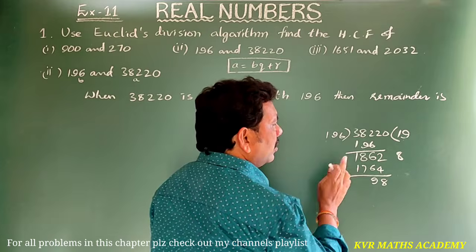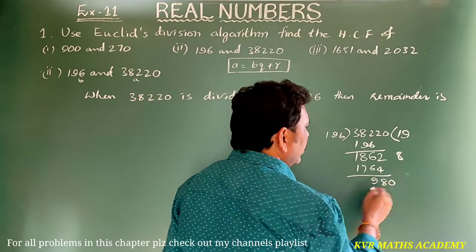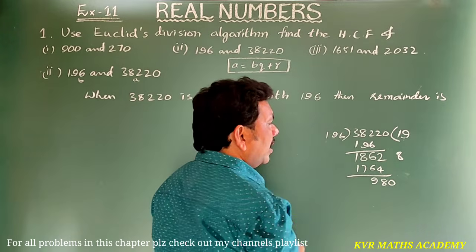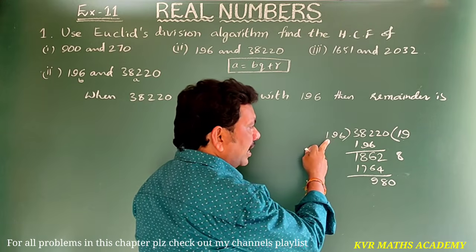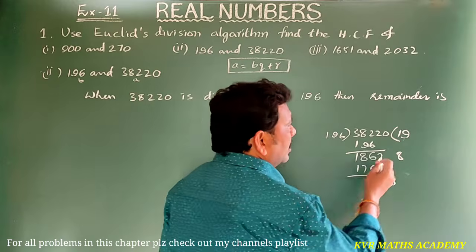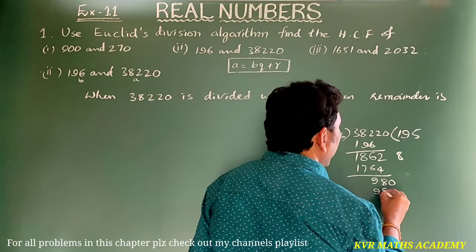So now there is no remainder. 196 times 5 is exactly 980, so it cancels exactly.